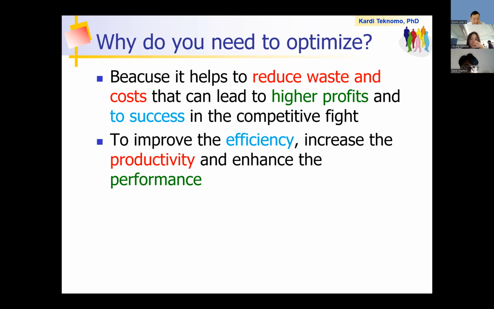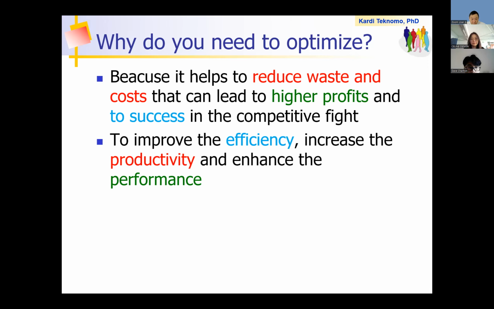First of all, why do we need to optimize? Because we want to reduce the waste and the cost. Optimizing means removing the redundancy, so it can lead to higher profit and success in competitive fights.